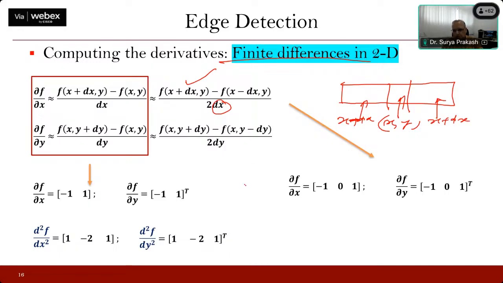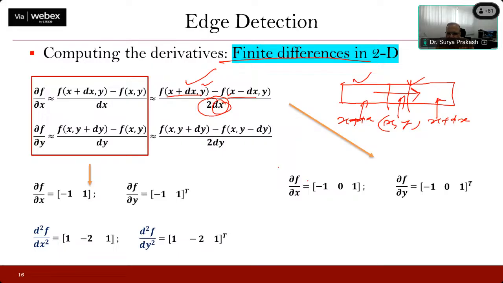So when you want to compute the difference in the x direction, you subtract f(x+dx) minus f(x-dx). I'm not writing y because y is fixed. To compute that difference, you can do it in a very simple way with the help of filters. Your ultimate goal is to consider the pixel intensities here and subtract this from this, right?